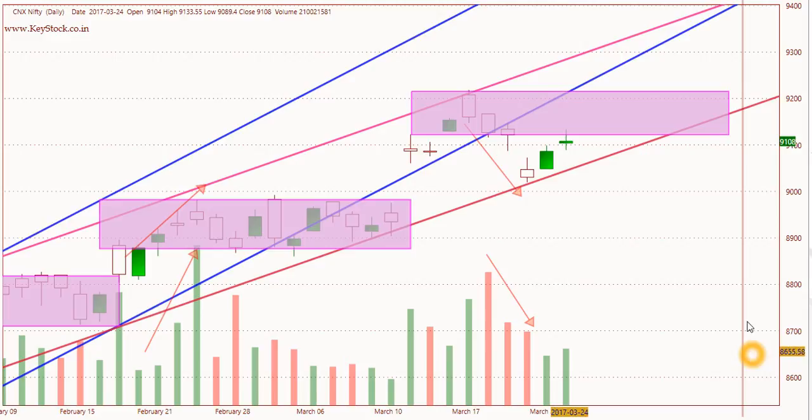Hence 9,120 to 9,220, as marked here, the pink zone, will be the resistance zone going forward. And 9,000 to 8,970 is a good support zone. When I say near term, it is a 5-day horizon.